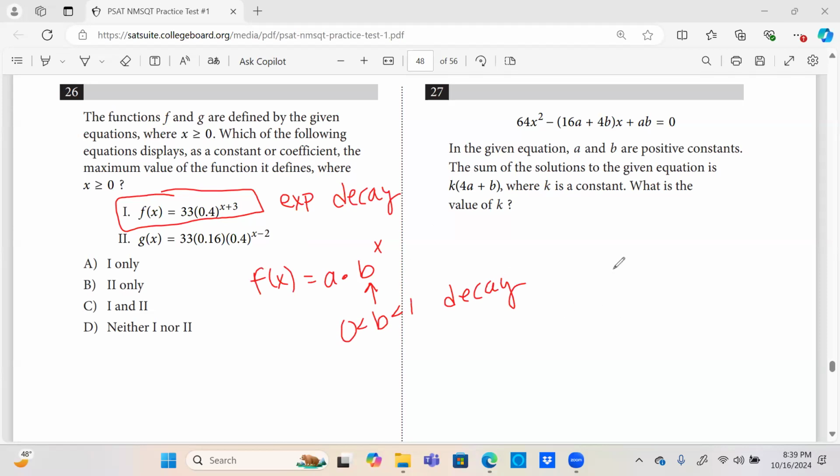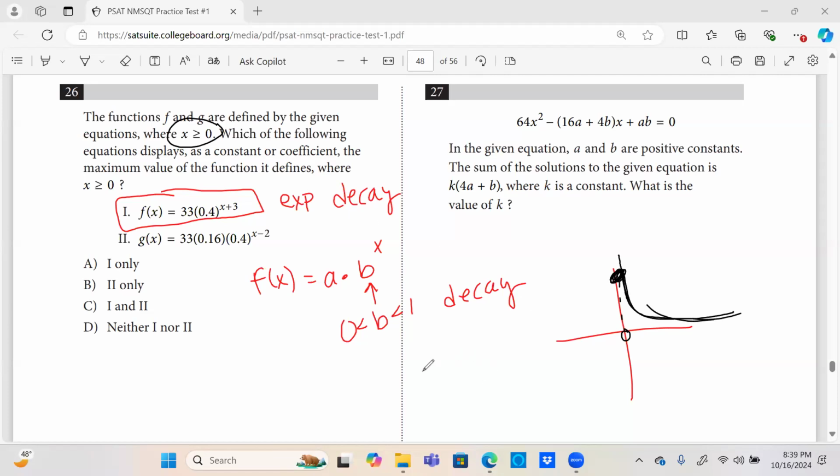That's just a rule. So graphically, that means it starts high and then comes low. And it could be over here too, and we saw that it actually was. But it says that x has to be bigger or equal to 0. So when x is 0, that's going to be the highest it is, because then it's falling.